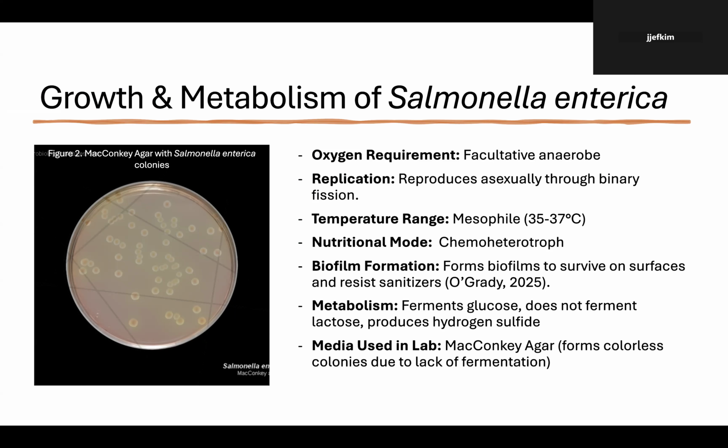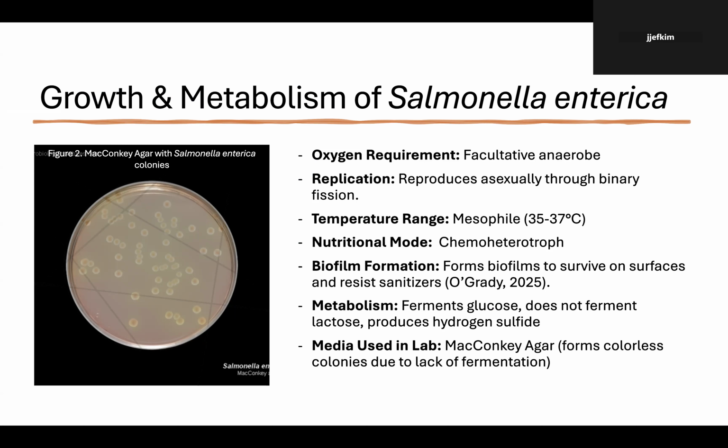This is a common method among bacteria where the cells divide into two genetically identical daughter cells. The bacterium is classified as a mesophile. Its optimal growth occurs around 35 to 37 degrees Celsius, which matches the temperature of the human body.